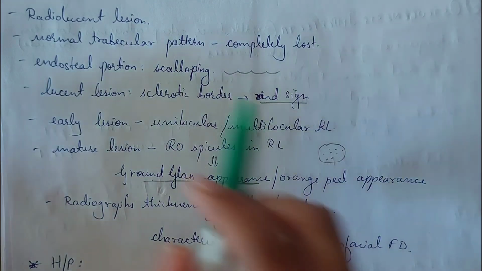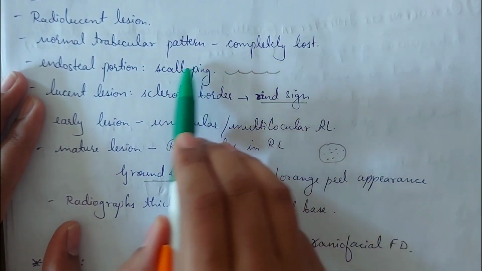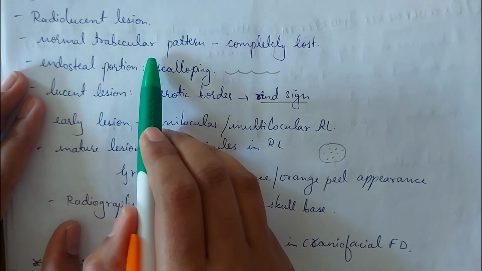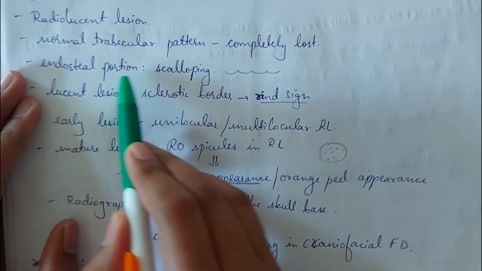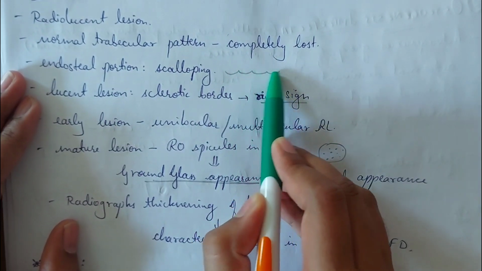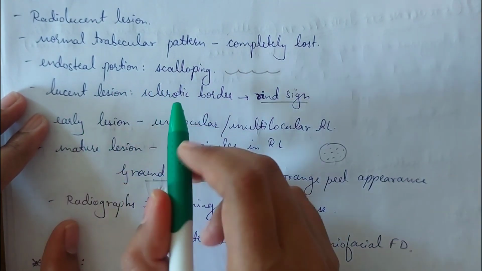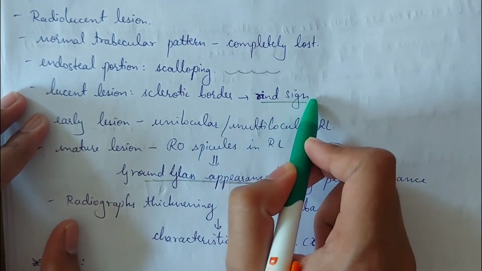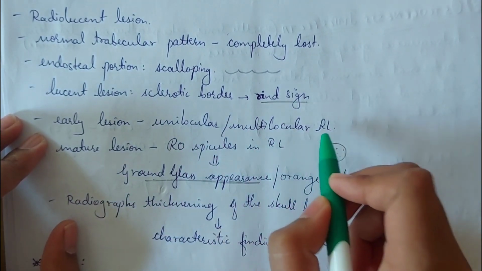Radiographic features: we can see a radiolucent lesion in which the normal trabecular pattern is completely lost. Hence, the opacity is given by an altered trabecular pattern. The endosteal portion shows scalloping. We can see a lucent lesion with a sclerotic border which gives a rind sign. Early lesions show unilocular or multilocular radiolucencies.